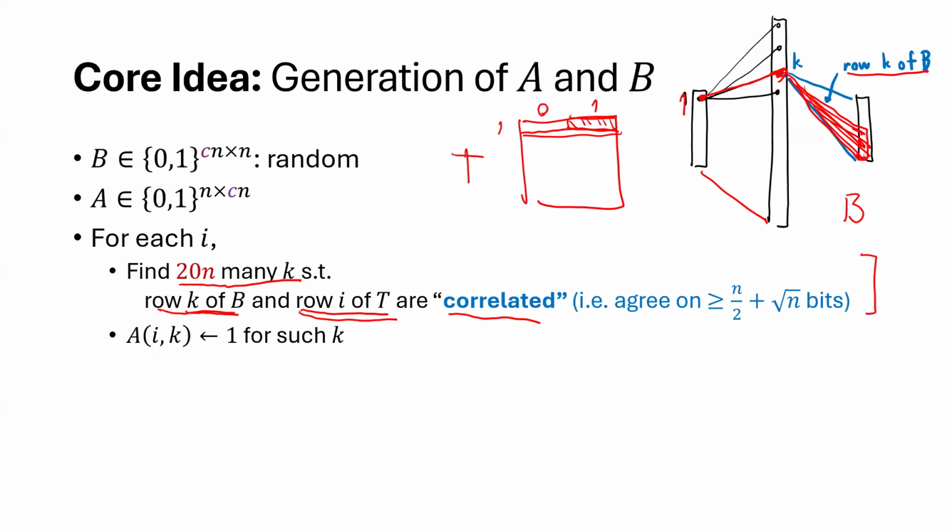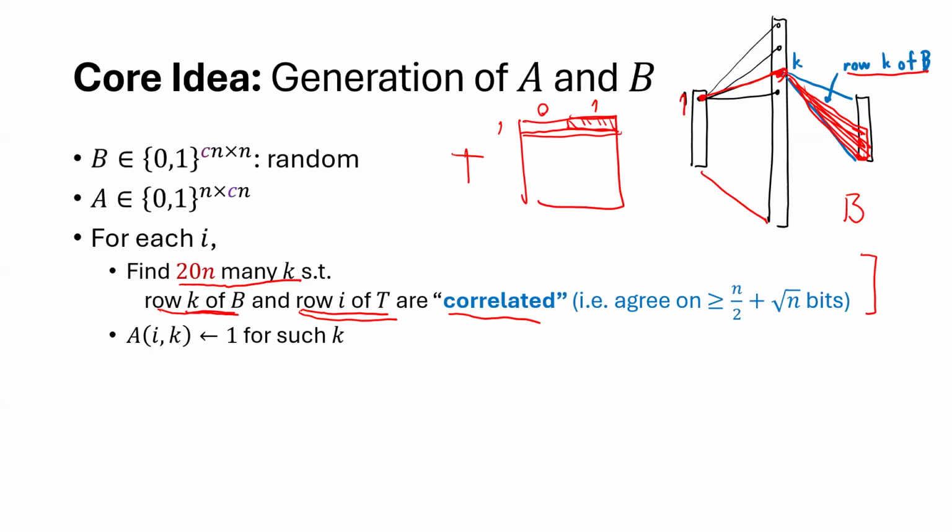So this is important, and the trickiest part. Ask a question if this is not clear. So how do we know the B row? I'm gonna tell you now. If I just said that they need to agree on n over 2 bits, this will happen with probability half, right? Because everything in B is random, so in expectation they agree on half.